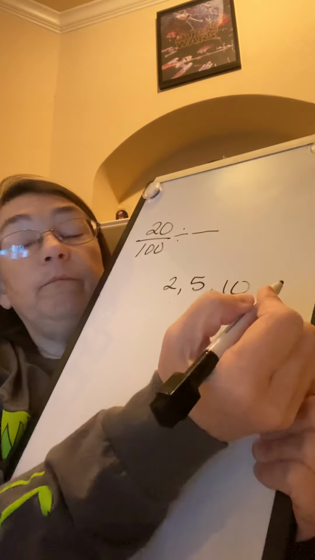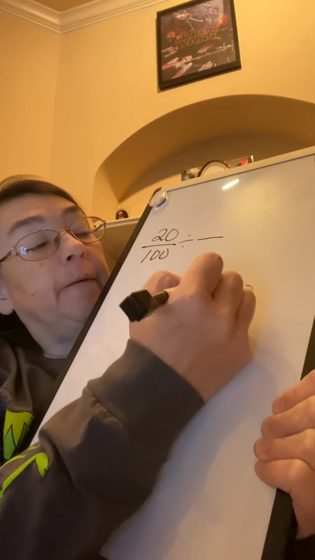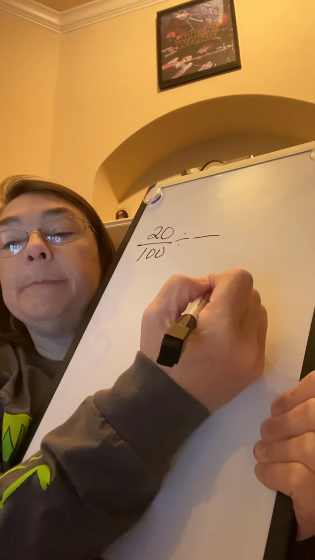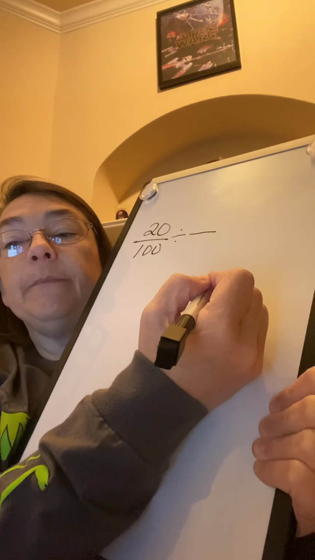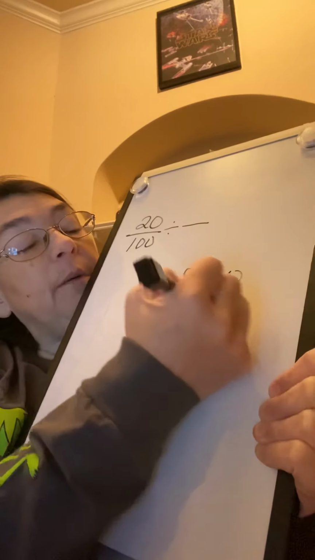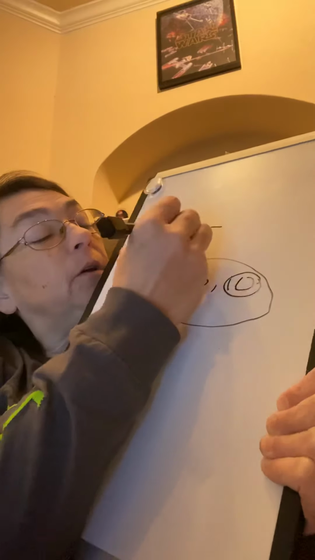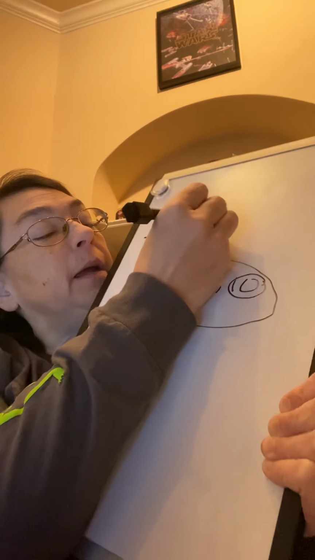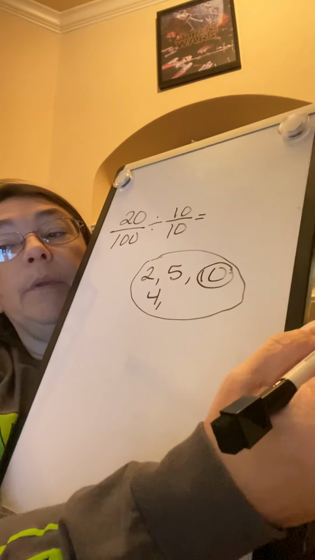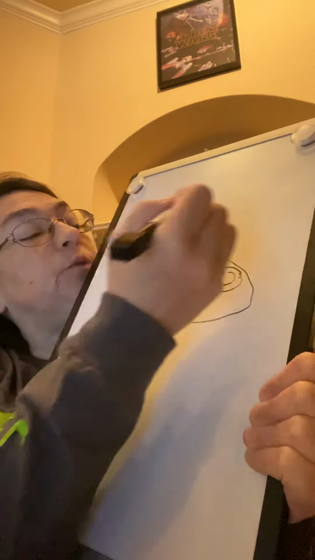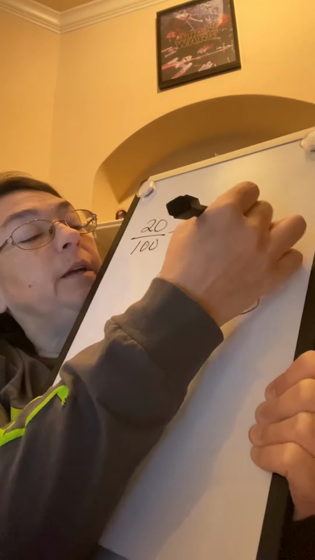Okay. 15 won't go into 20. 6 doesn't go into 20. All right, so I want to pick the biggest one that I have in this circle, which is 10. I'm going to divide the bottom and the top by it. So how many times does 10 go into 20? 2. How many times does 10 go into 100? 10.